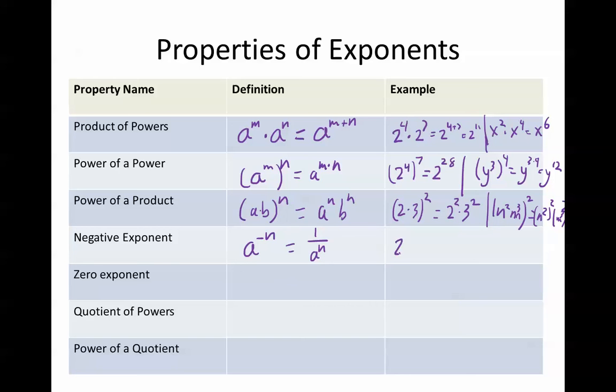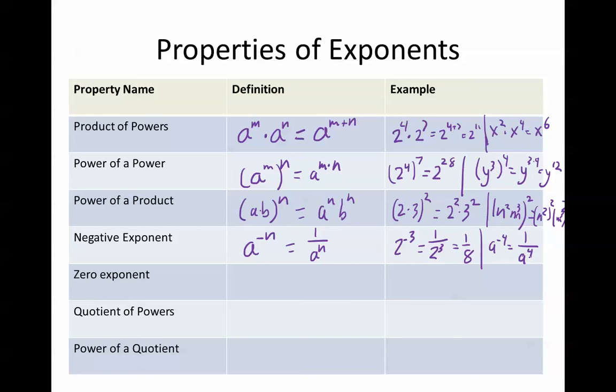So if I had 2 to the negative 3 power, that's really the same thing as 1 over 2 cubed, because I took the reciprocal. And notice that I made the negative exponent positive when I put it in the denominator. So that's 1/8. Okay. Same thing with variables. a to the negative 4 is really 1 over a to the 4th. I just flip it. I take the reciprocal.